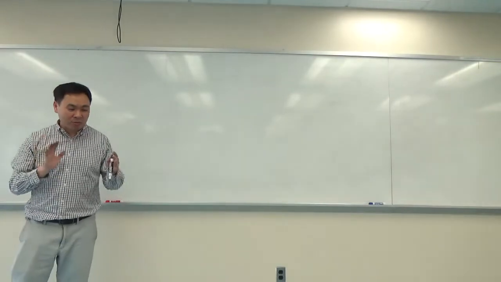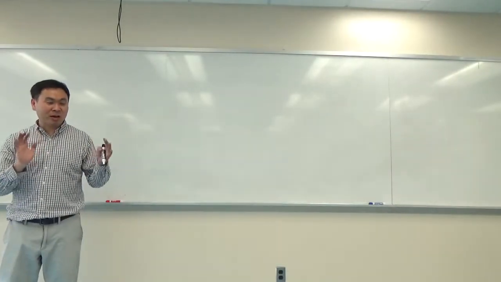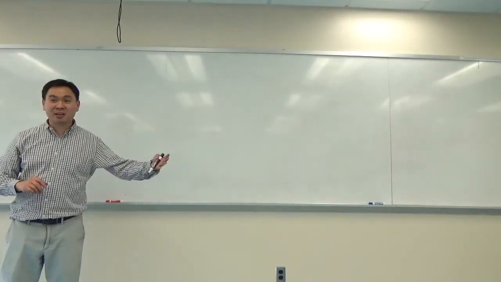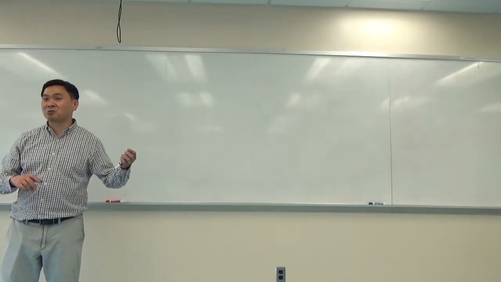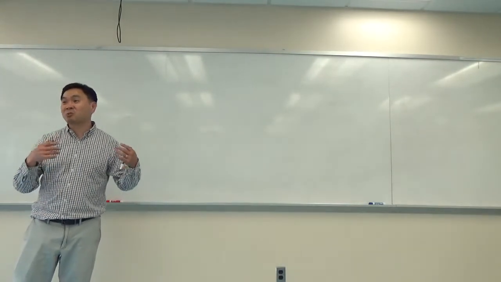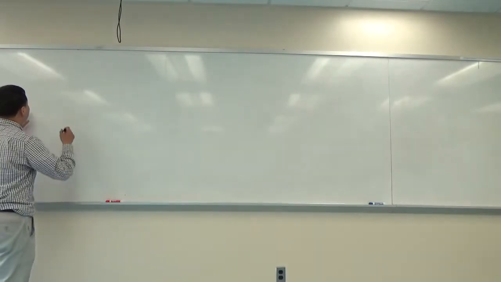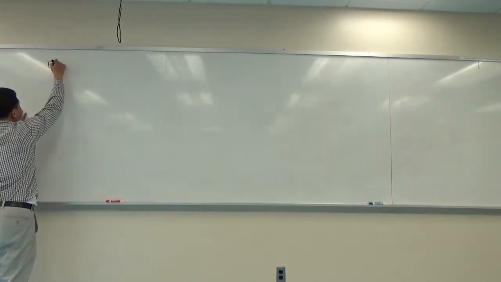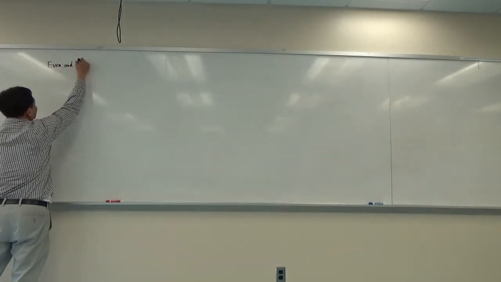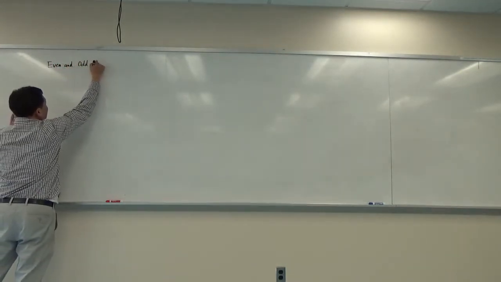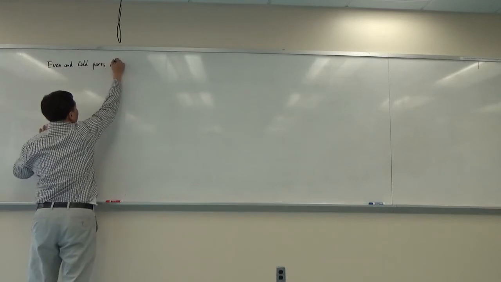Like, oh, I'm trying to get a Fourier series of an odd function. Why am I getting an and a0 here? Then it will immediately give you some warning signs, right? So it's good to know these concepts. So let me talk about even and odd parts of a function.